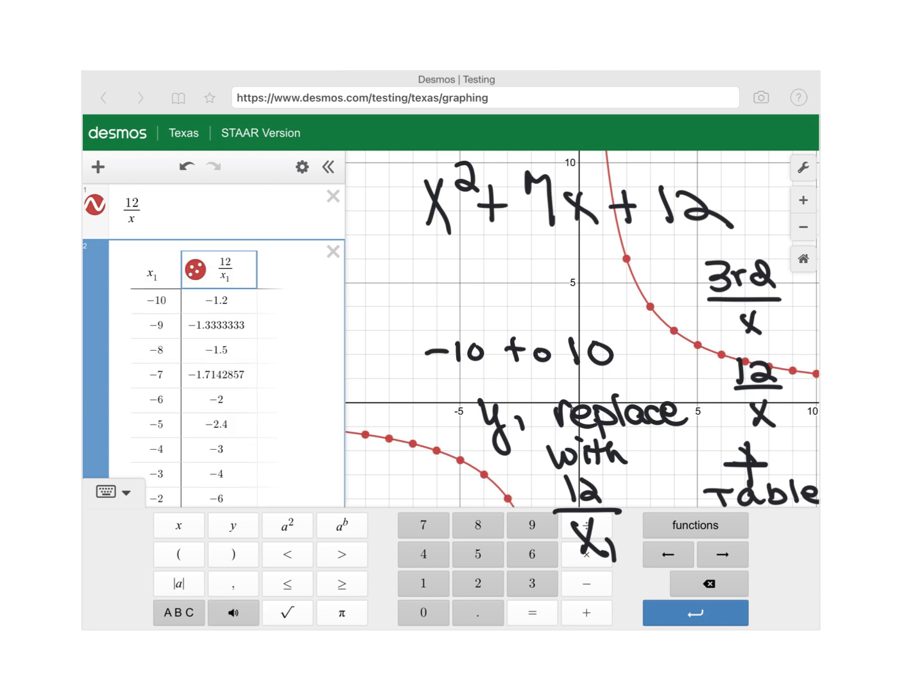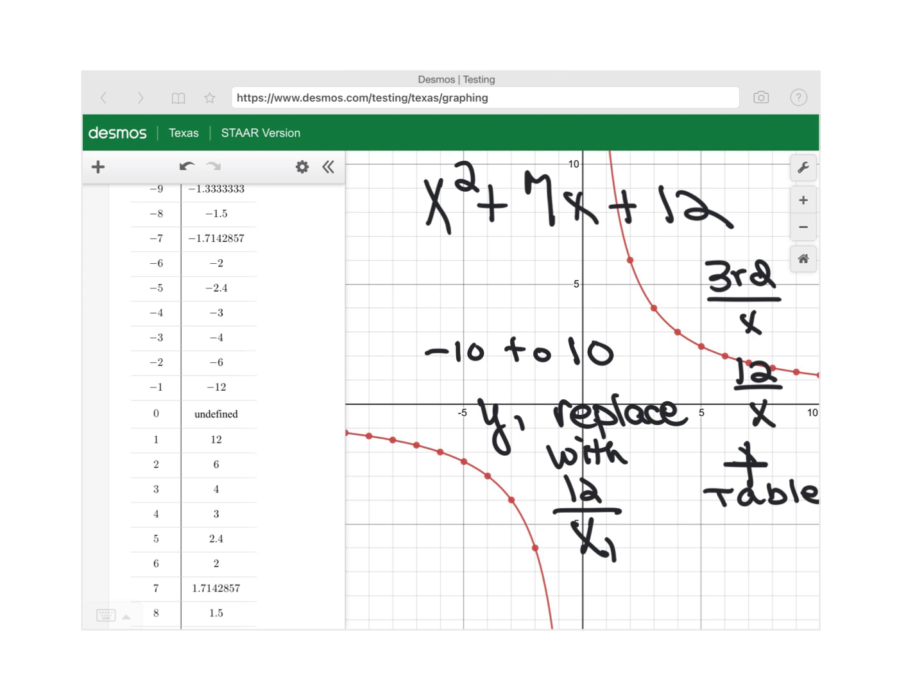Okay, when I did that, as you just saw, it gave me answers for the Y values, the ordered pairs. Now, at this point, I look through these, and any answers that are decimals, I ignore. Okay, so the -1.2, I ignore it. I ignore the next one, the next one, the next one. The first one that I get to, the combination that works, is -6 and -2.